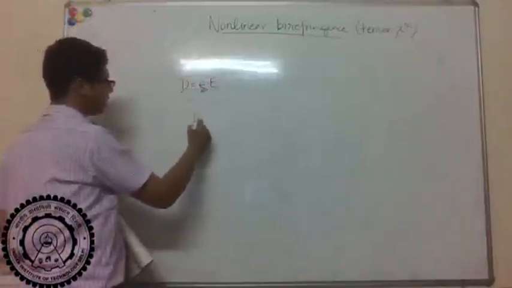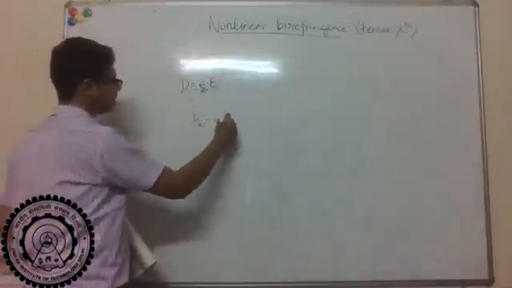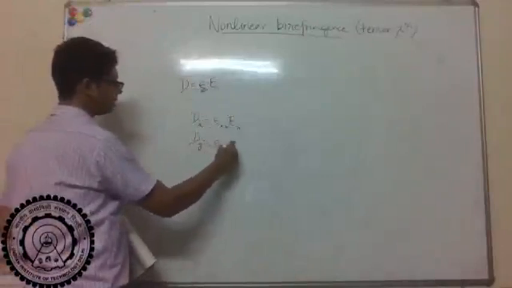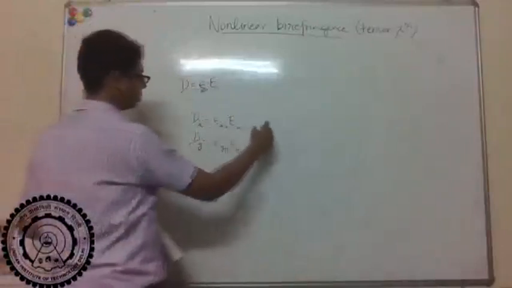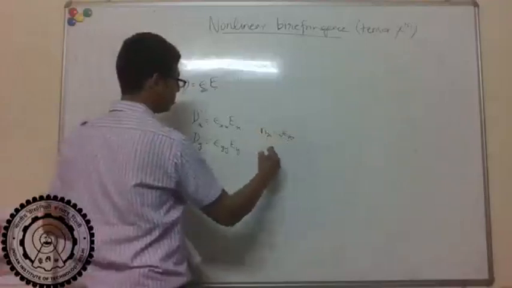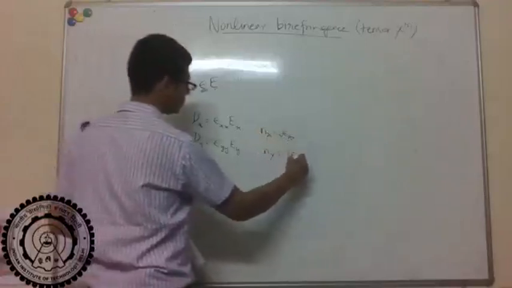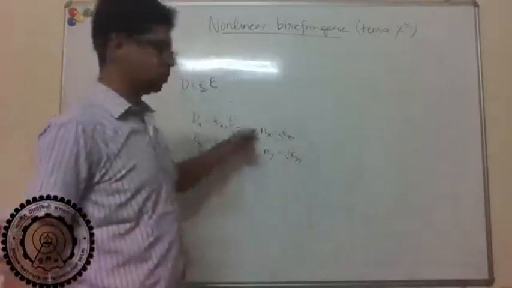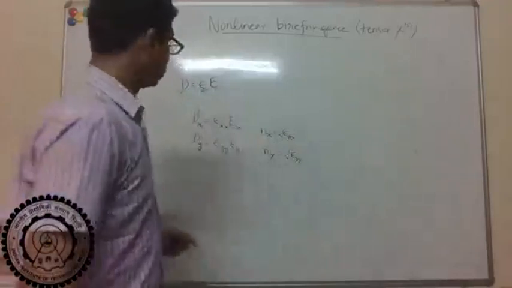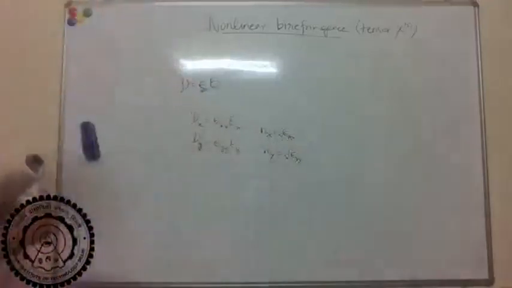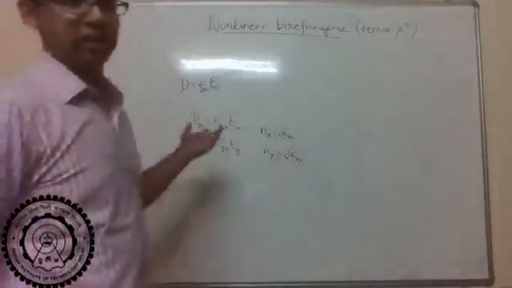For example, in the x direction you could have a particular refractive index, but in the y direction a different one. In anisotropic materials these are not equal, so the x and y polarizations have different refractive indices, and that gives birefringence.